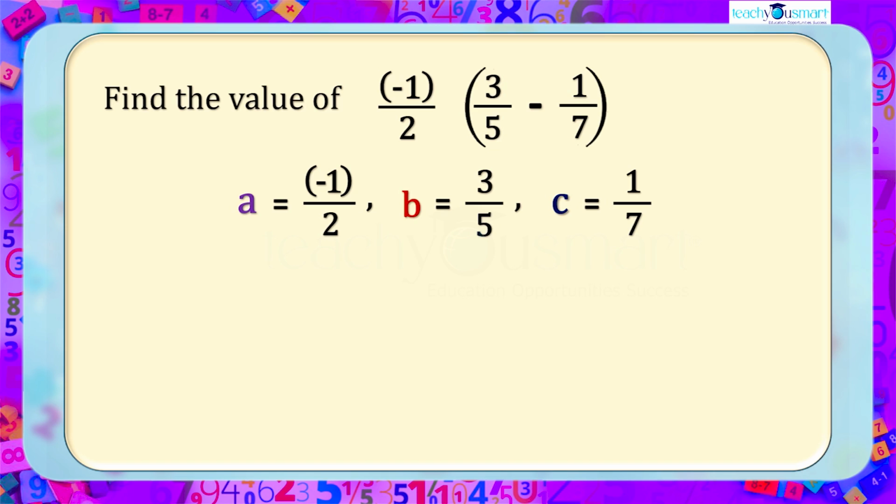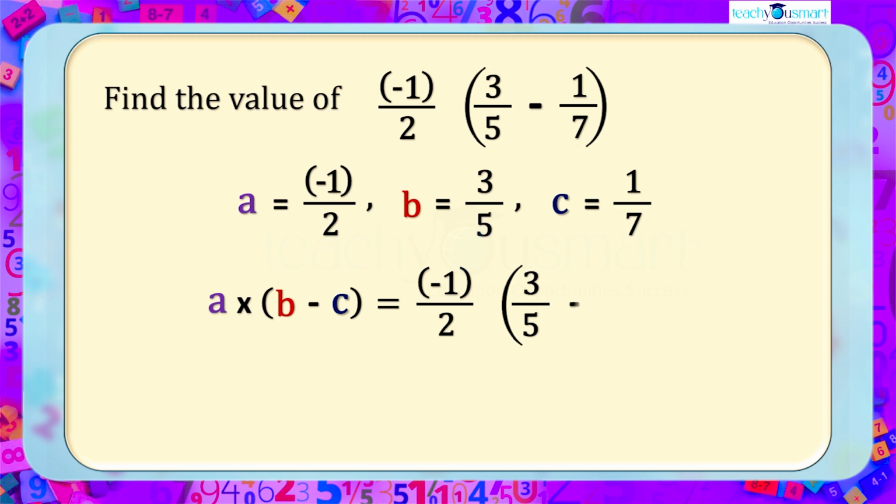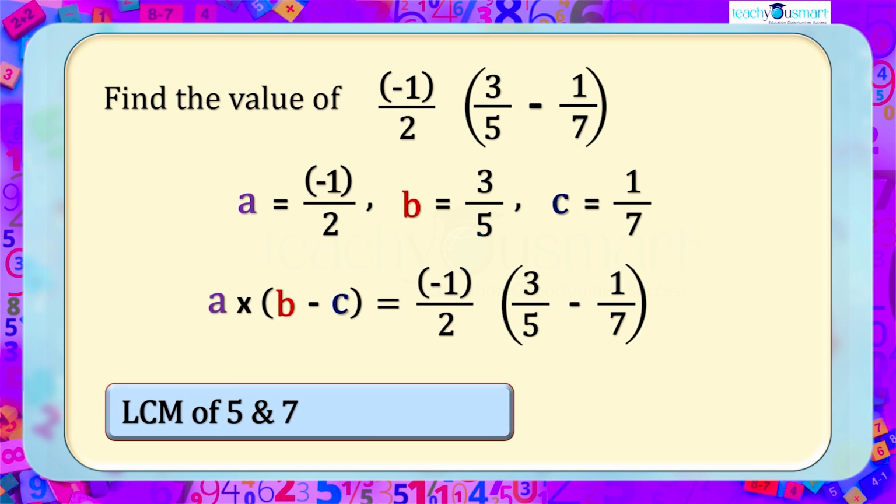First, we have to find the value of a × (b - c). That is, a × (b - c) = -1/2 × (3/5 - 1/7). Since the LCM of 5 and 7 is 5 × 7 = 35.